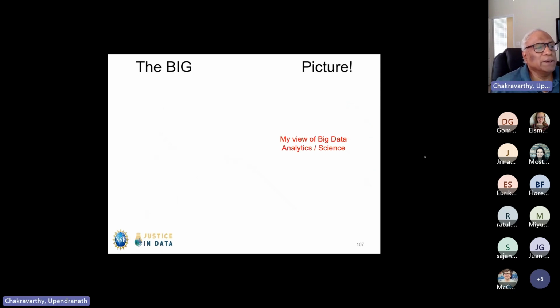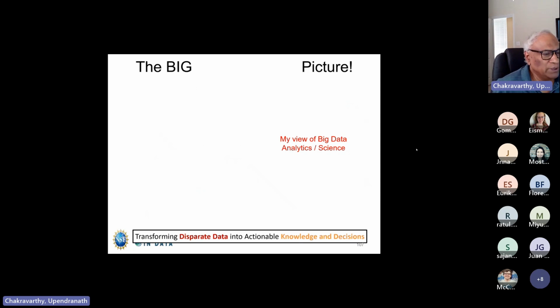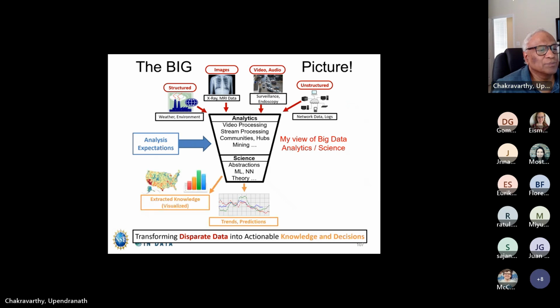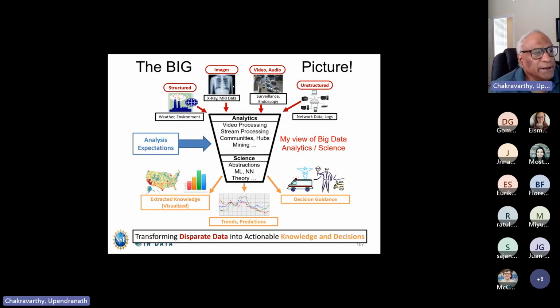So the big picture, my view of the big picture, is very similar to what I showed you earlier. It's the same problem, but the input has changed. The input is no longer a single type of data.